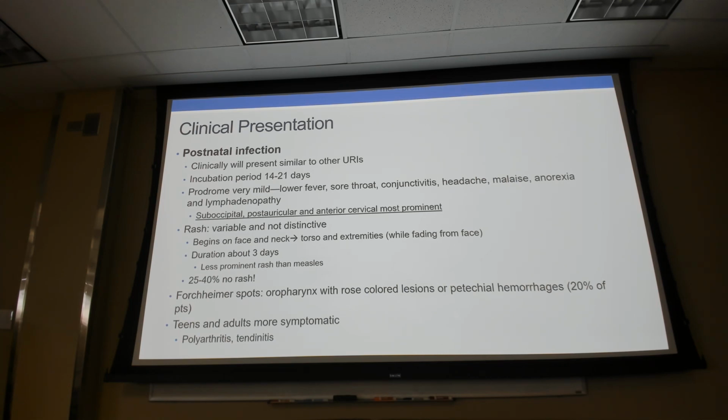And these ones really look like petechial hemorrhages and petechial rashes on the back of the palate. However, if you said, oh my gosh, that's a Forchheimer spot, I know that's rubella, it doesn't quite work like that. It's not the exact same as a Koplik spot, it's not pathognomonic. Because what else do you see these petechial rashes in the back of the palate with?